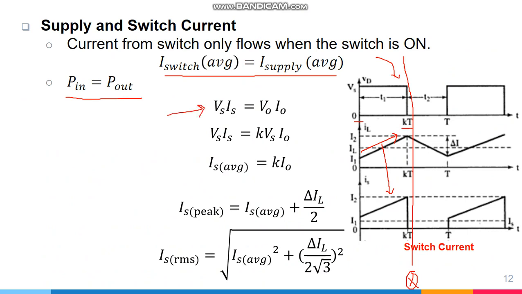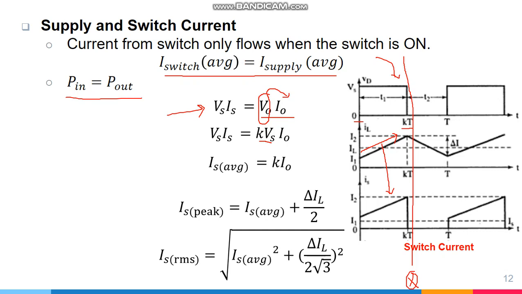Vs Is, supply voltage into supply current, is equal to V0 I0, output voltage into output current, and output voltage V0 is already derived, which is kVs.